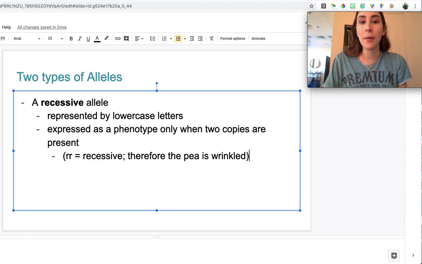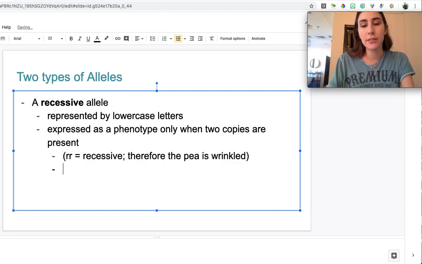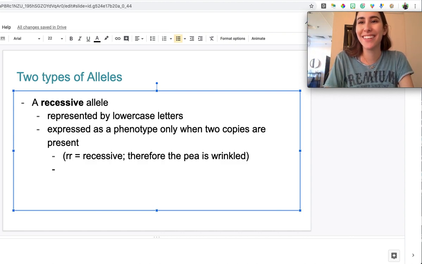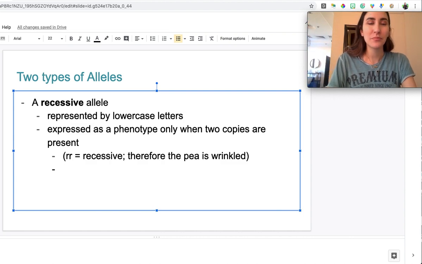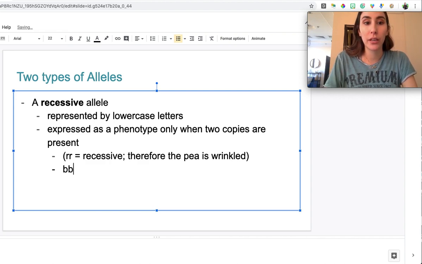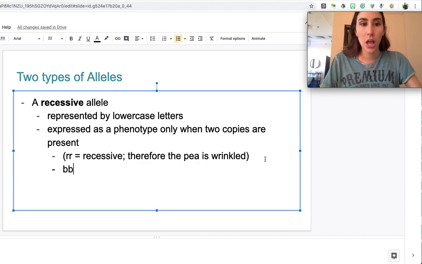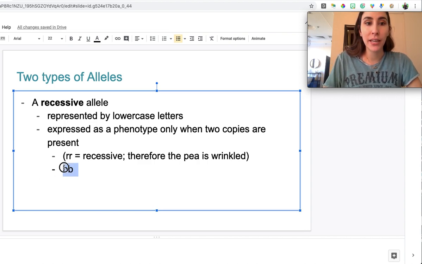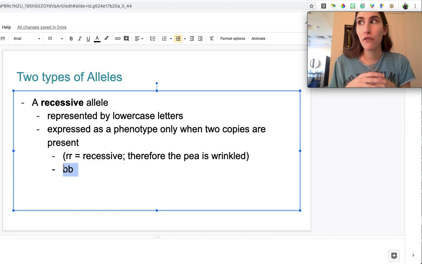So in the example of my mom's green eyes, by the way, my mom doesn't have green eyes. This is just an example. Let's say I inherited the following genotype: 2 lowercase b, meaning 2 alleles for green eyes.